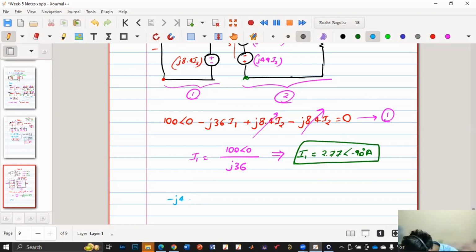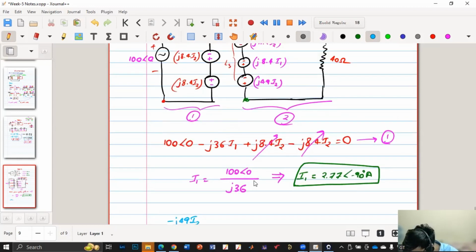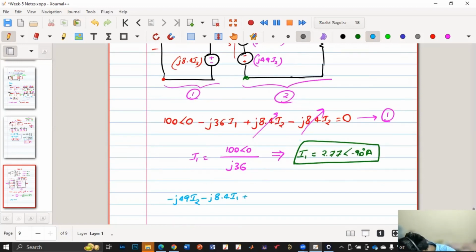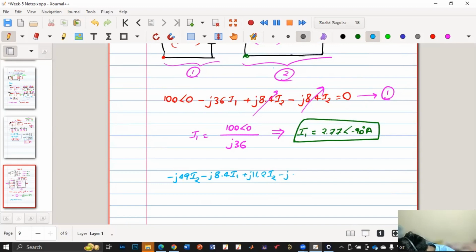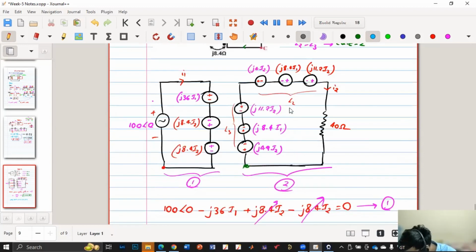Minus J49 I2, and then I'll get again minus J 8.4 I1, then plus J 11.2 I2, then minus J4 I2, then plus J 8.4 I1, and then we'll have plus J 11.2 I2.